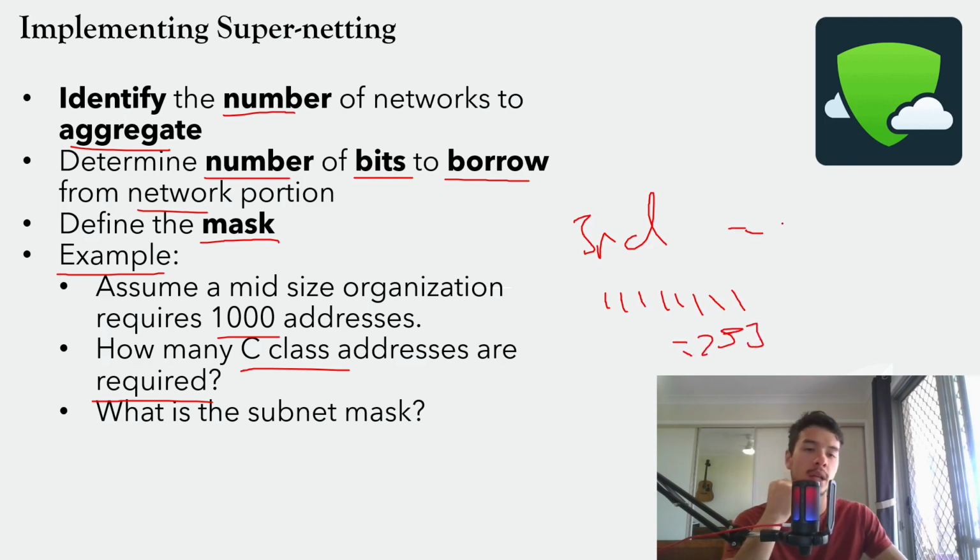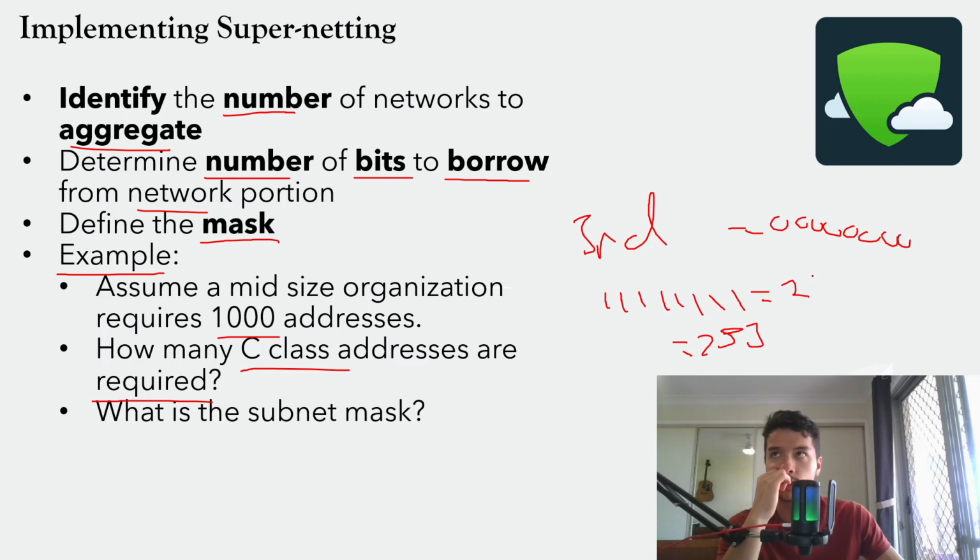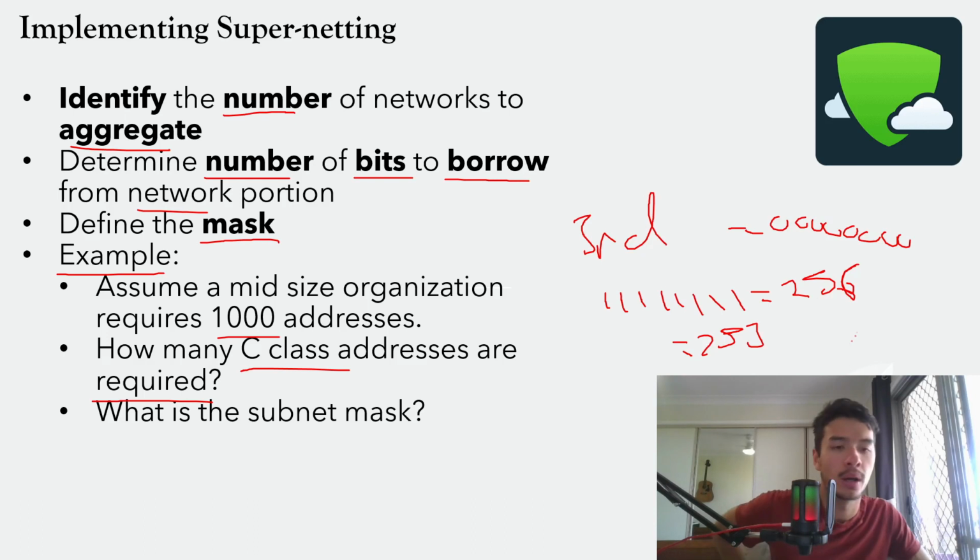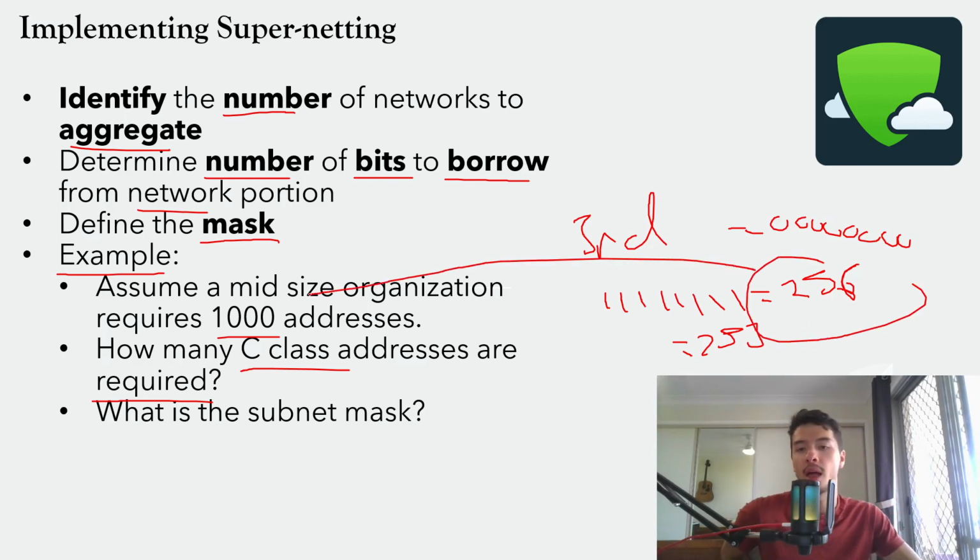Your last octet is going to be 0 0 0 0 0 0 0 0, which gives a potential of 256 hosts, including broadcast and network, but whatever. That obviously does not fit that requirement.